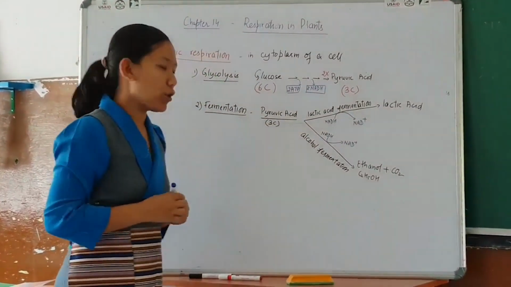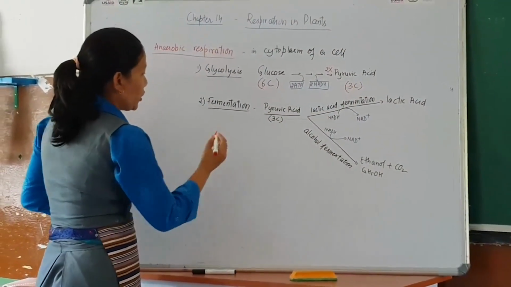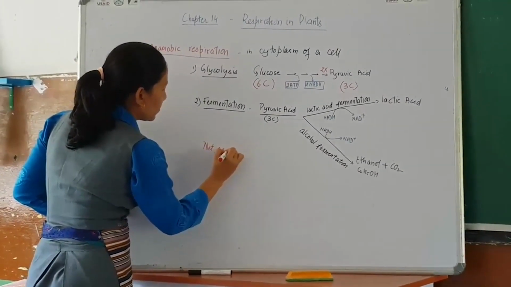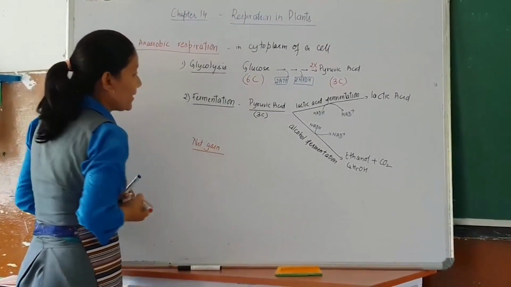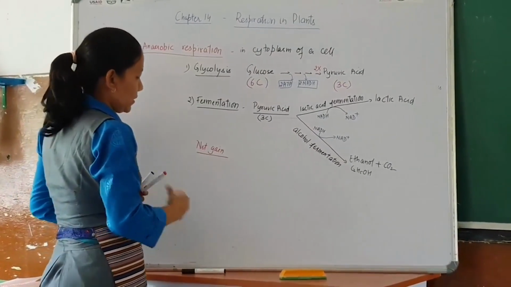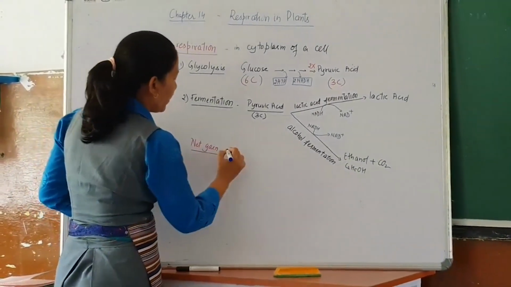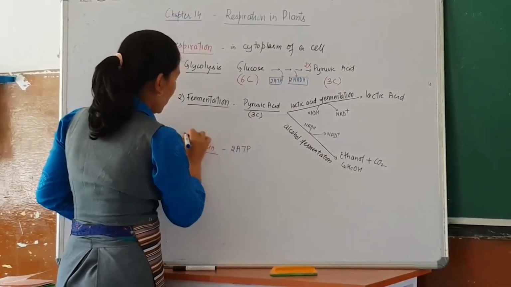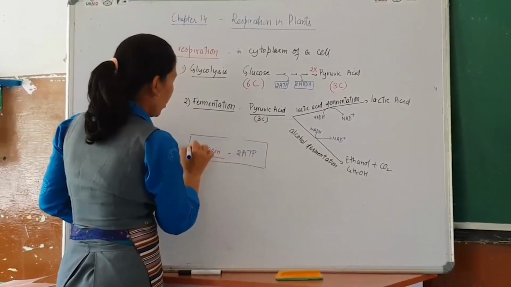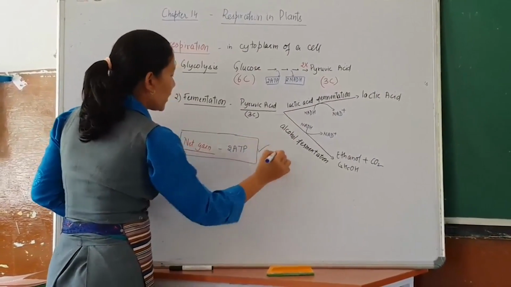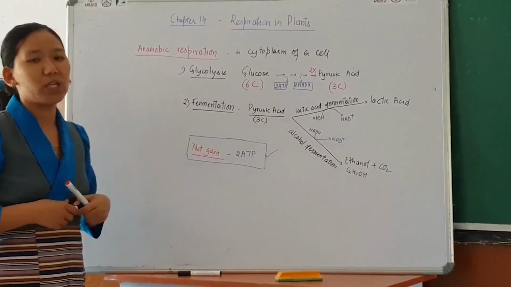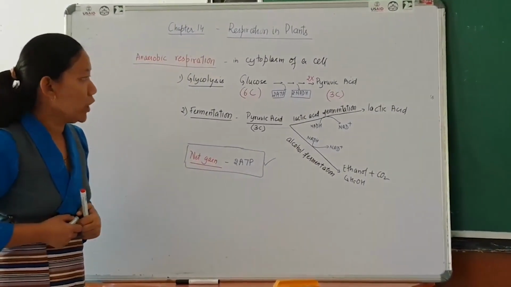So all in all, the net gain of the energy is only 2 ATP. So the net or the total energy produced during the process of anaerobic respiration is very less. It is only 2 ATP.